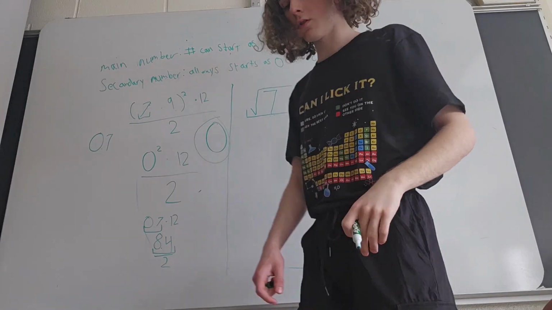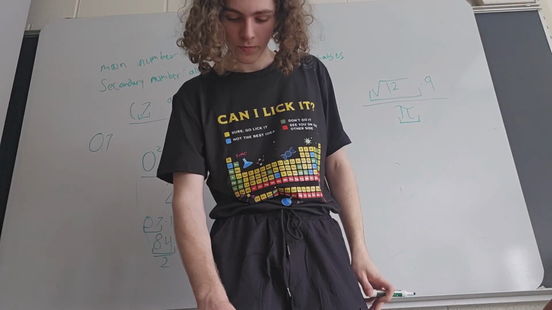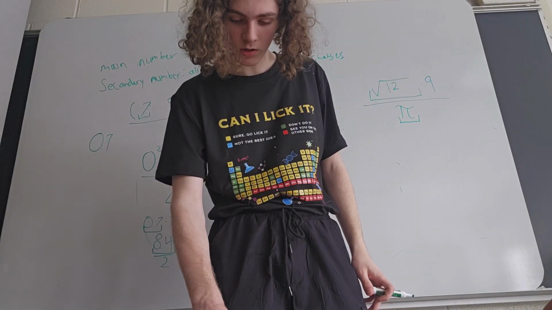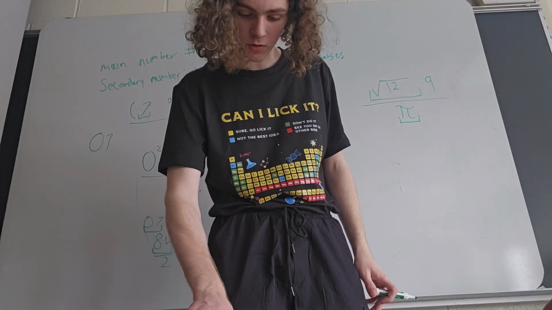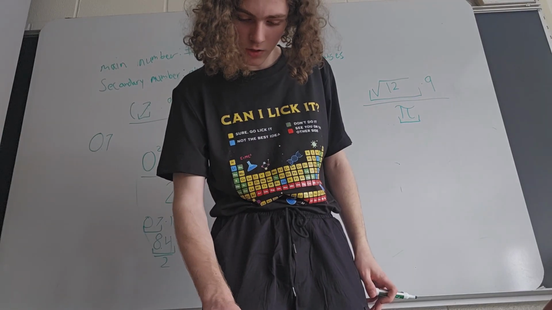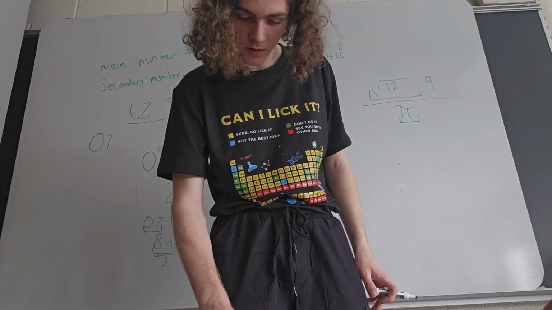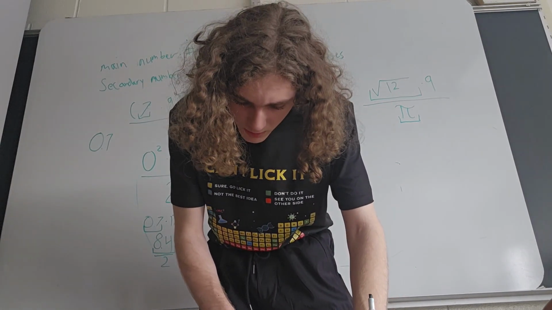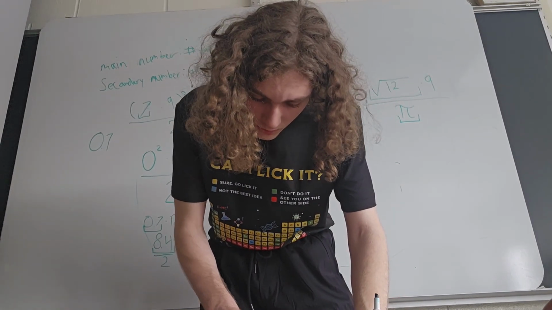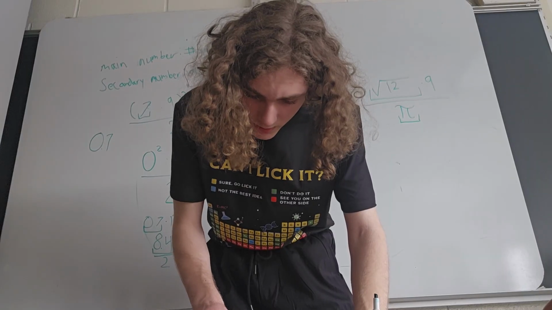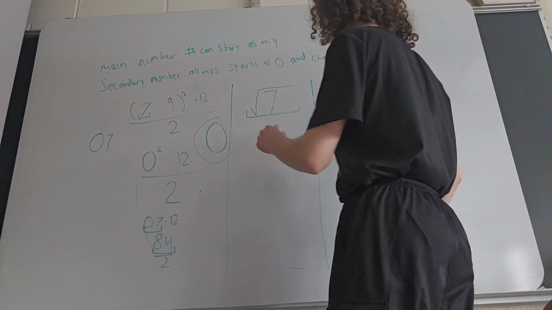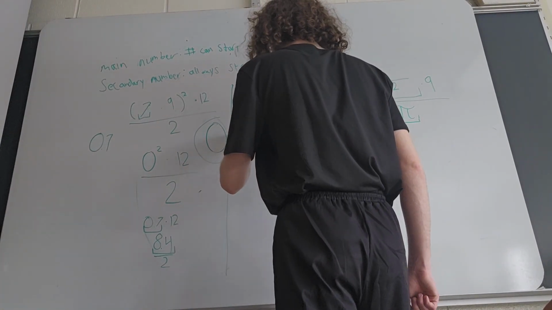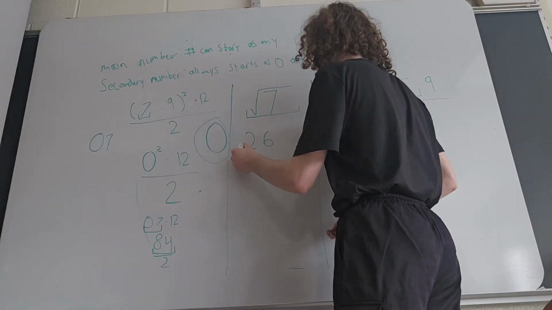So this is the square root of 7. Let me try. There it is. The square root of 7 is 2.6, we're rounding it to that.